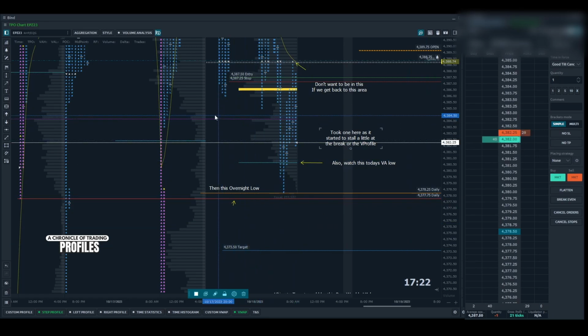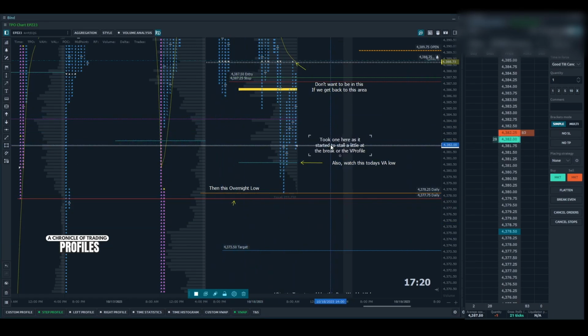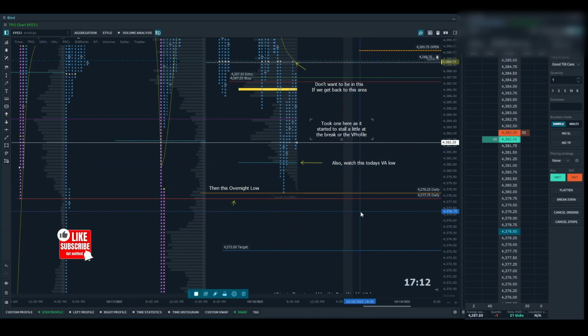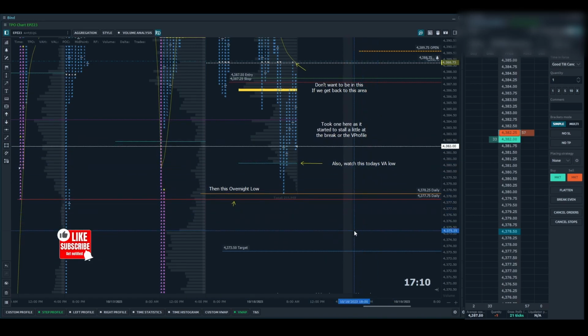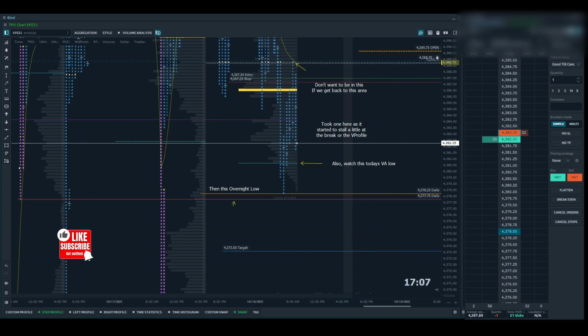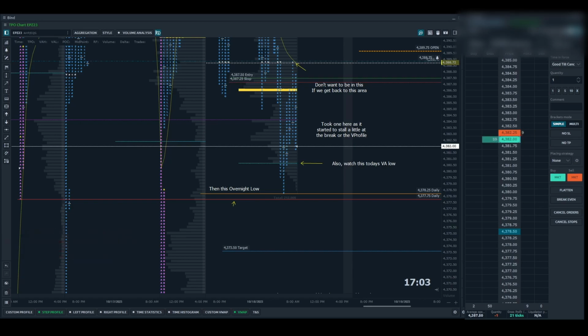You can also see that shelf almost in the profile there. Those combined things are why I ended up taking one of my contracts there, mainly because I really expected it to accelerate when it broke that C and B, and it just didn't. So I thought it was a good spot to take one.